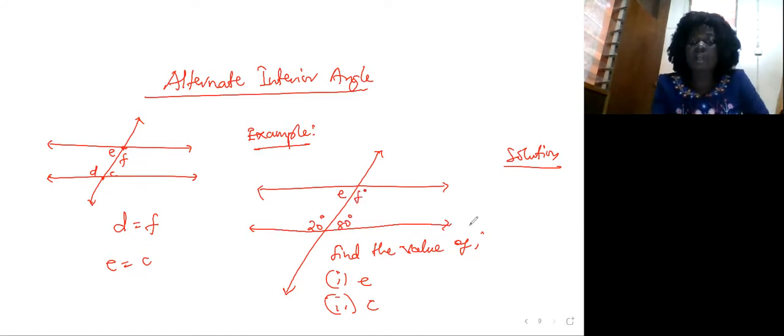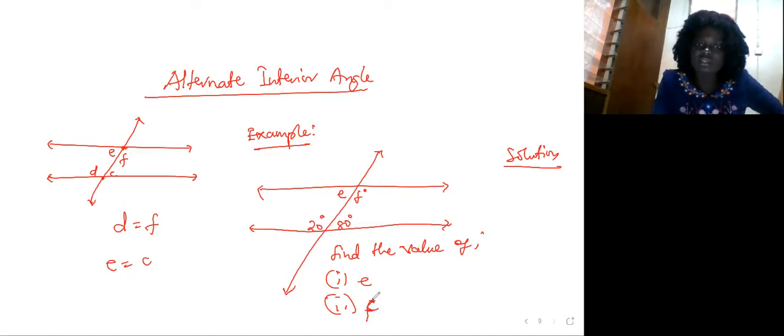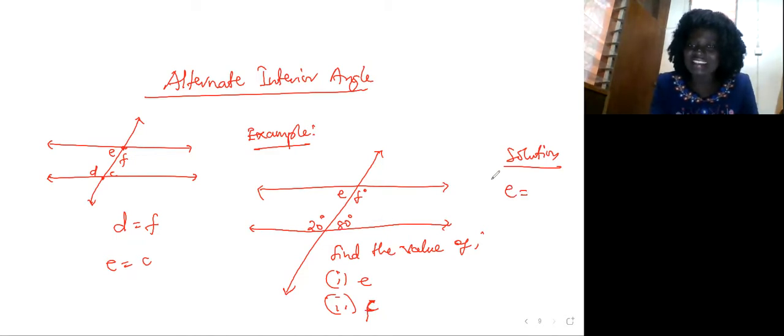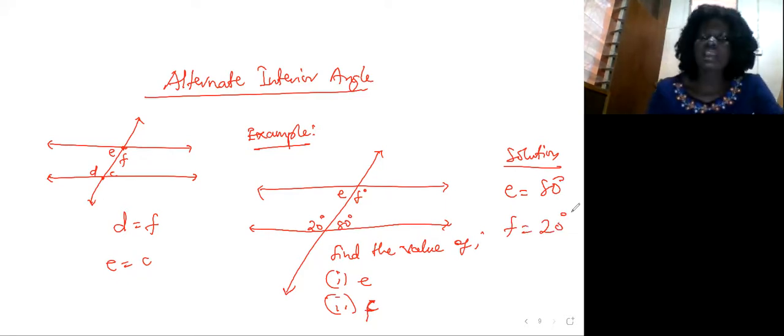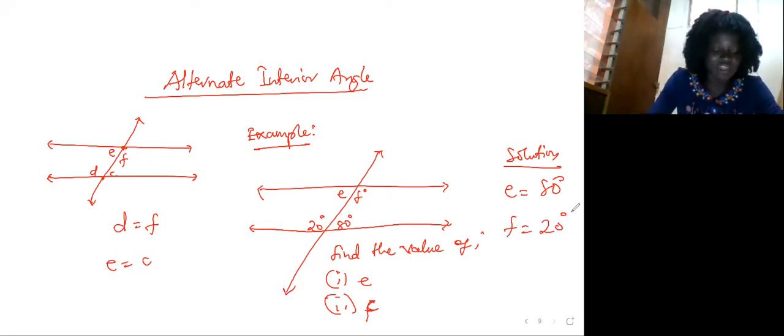So the value of E is equal to 80 degrees. That is, C is equal to E, or E is equal to C. Then the value of F is equal to what? 20 degrees. That is perfect, and I believe you are enjoying the class.